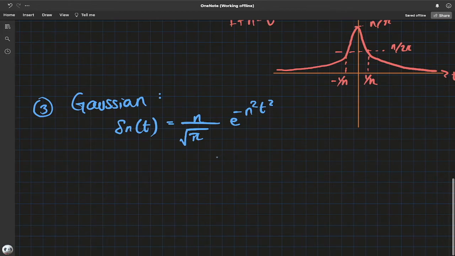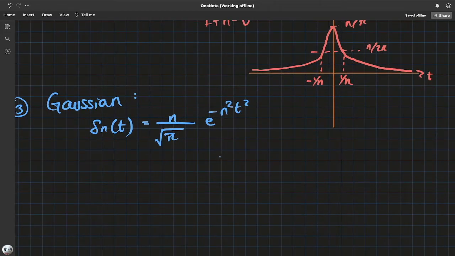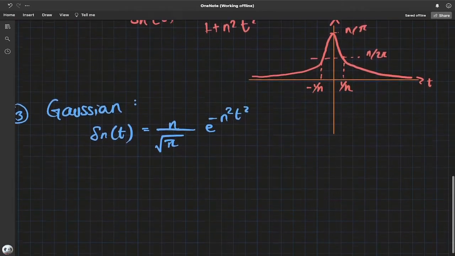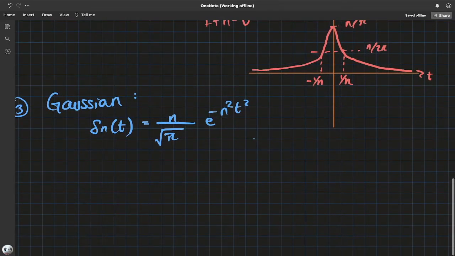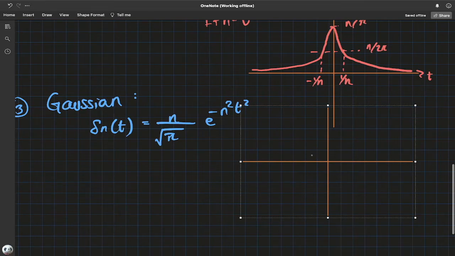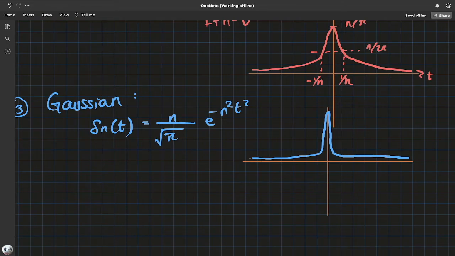Okay, let me quickly sketch this. It shouldn't be too hard. It should look similar to the one on top, because a Gaussian is a bell curve. So let me just do an exaggerated version of that. Something like that. Again, this asymptotically goes to 0.